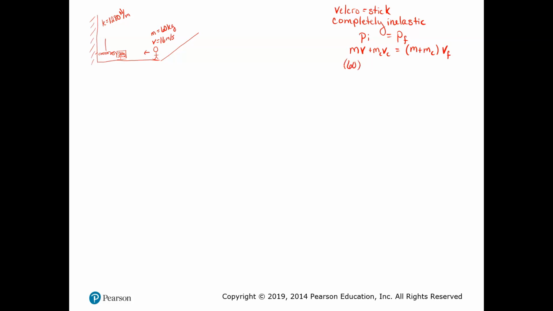So I have 60 times 16. Now the cart's velocity is 0, the cart's at rest, so this is going to equal 60 plus 20 times my final velocity.